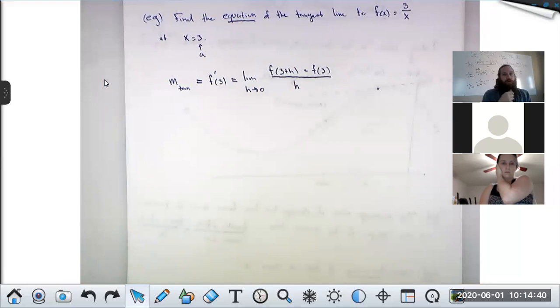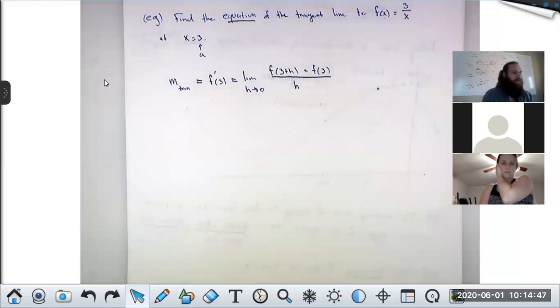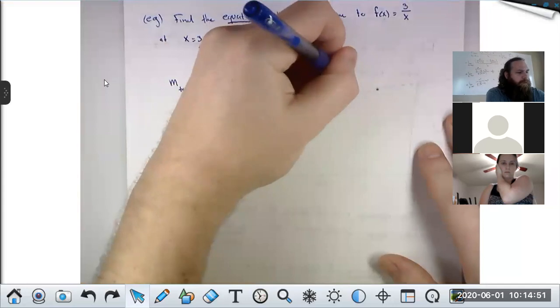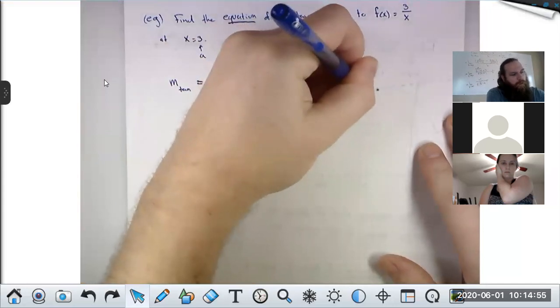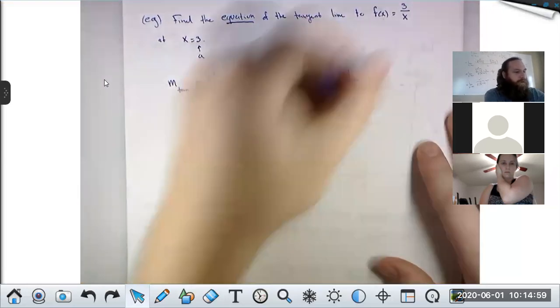So I need to compute this limit. And the only way to do this is to plug these things in, try to clean up and simplify. Working with this difference quotient object is something that hopefully you have a meaningful amount of practice with. We've done some of it in this class, and ideally you've done some of it in your pre-calculus class.